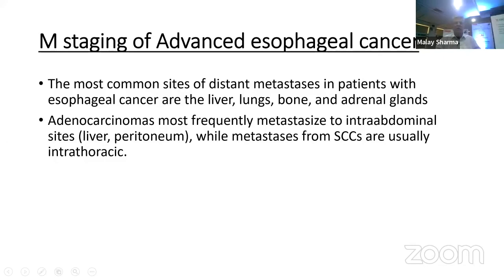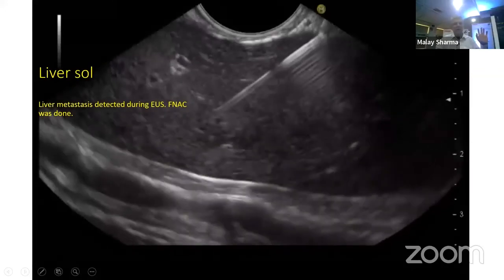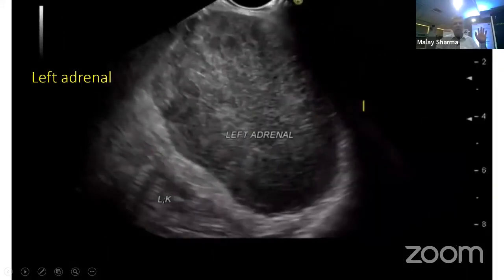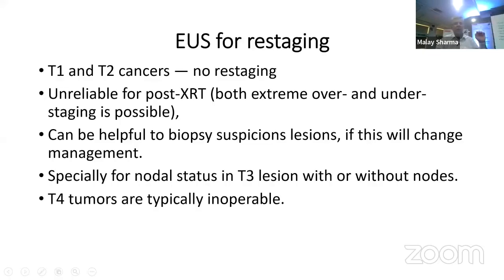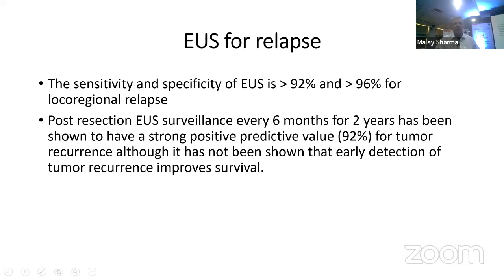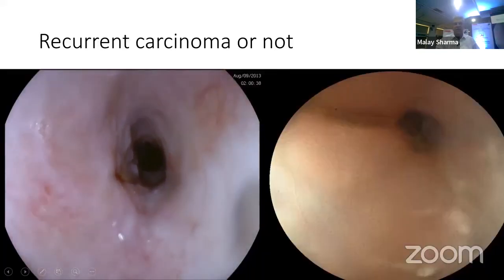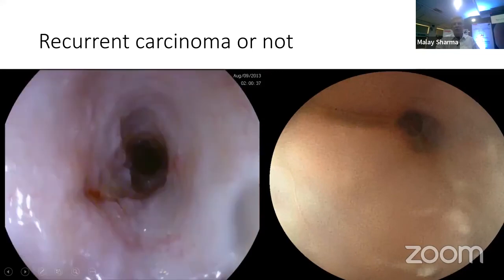Then we have M staging in advanced cancer. So whenever you do esophageal cancer staging, do T staging, do N staging, do M staging, and then you do the complete staging. And in this case, we can do SOL or left atrial staging. Endoscopic ultrasound is also used in restaging of cancer, relapse of esophageal cancer, whether it is recurrent carcinoma or not.